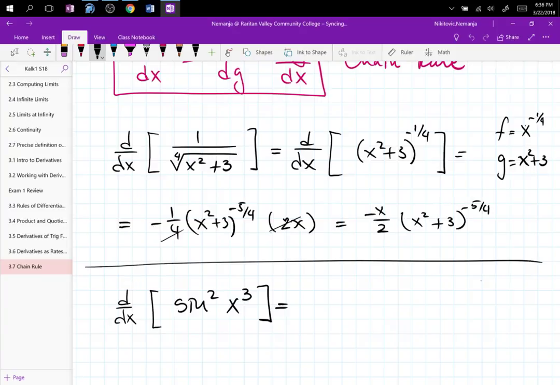How many functions? Nope. Aha. 3 functions.